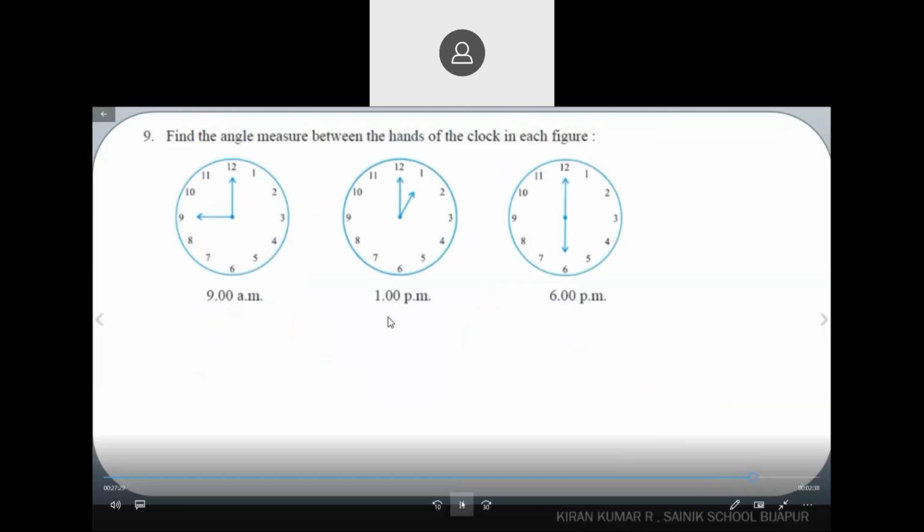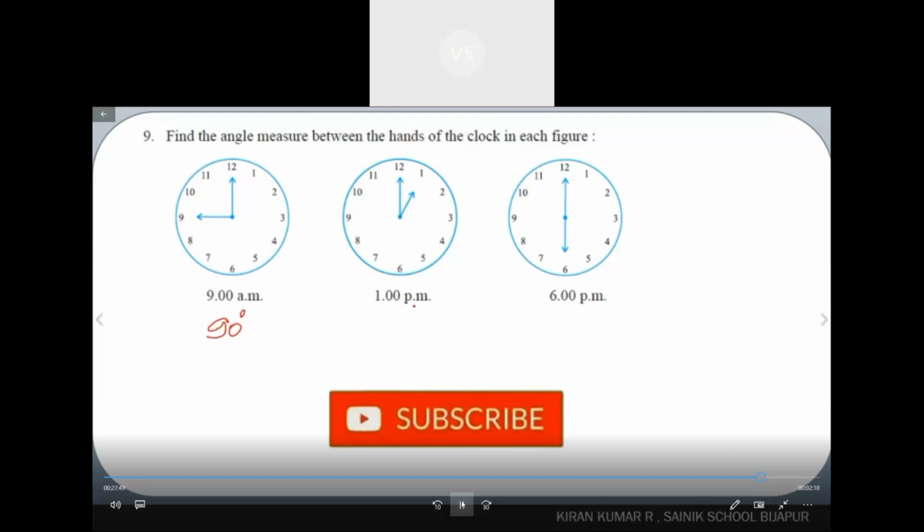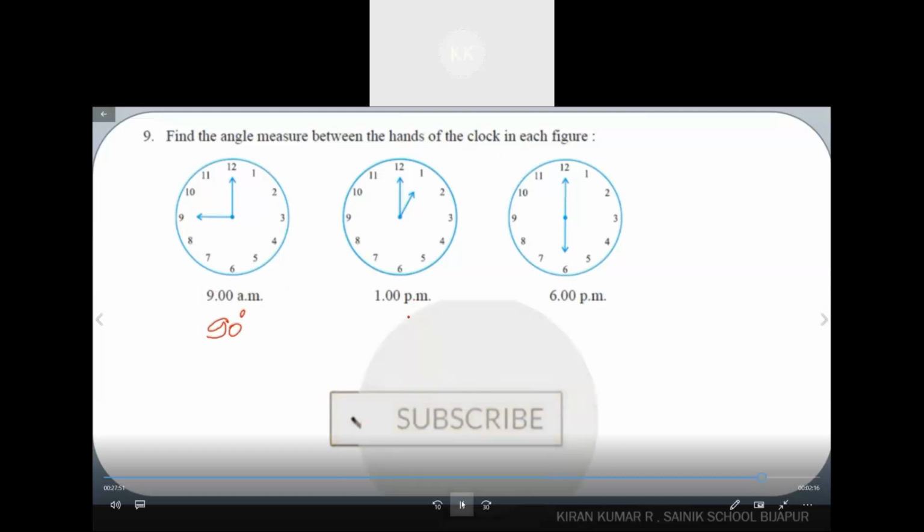Question number 9. Find the angle measure between the hands of each one of the figures here. First one, the angle formed is 90 degrees. Here it is 1 p.m. The angle formed is 30 degrees.